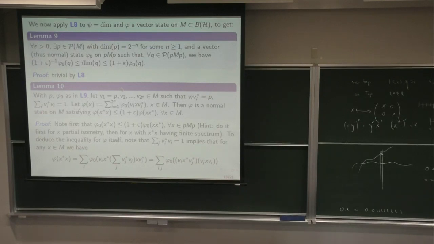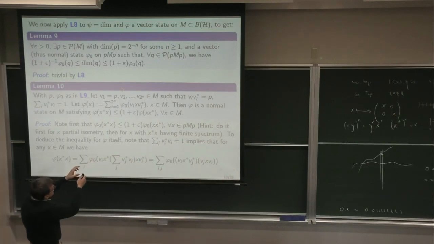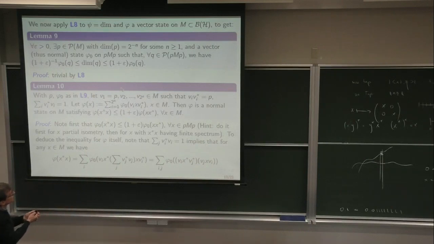With these partial isometries, I define this functional phi of x to be phi 0 of, so I take any x in M and I cut it by the right supports of the V_i. So the V_i have left supports all equal to P, and right supports filling up the identity.